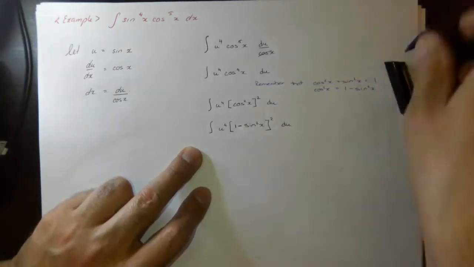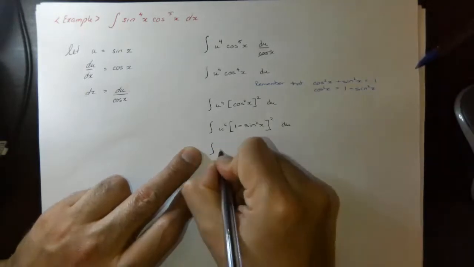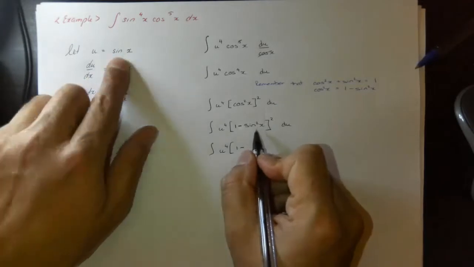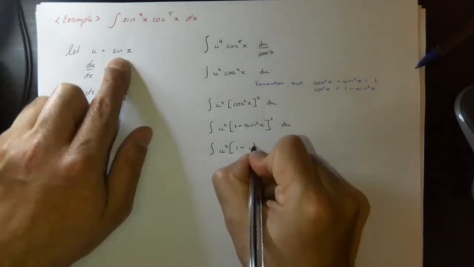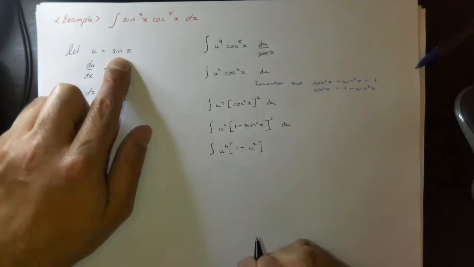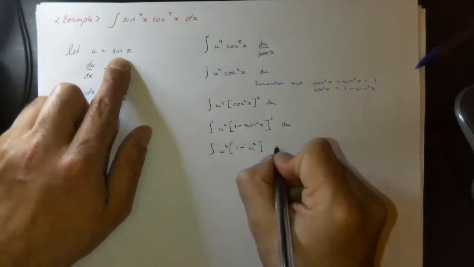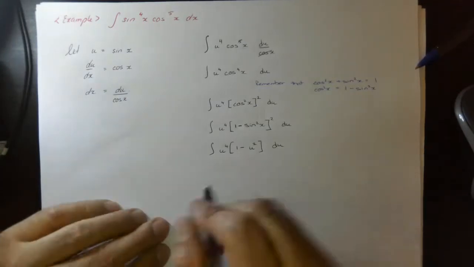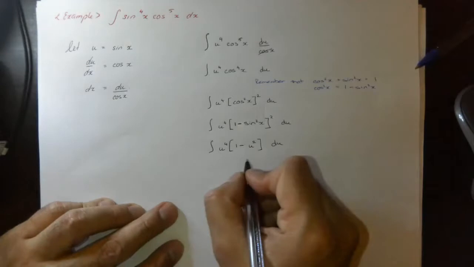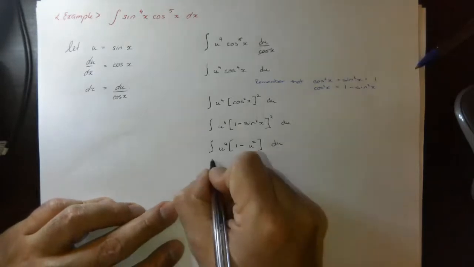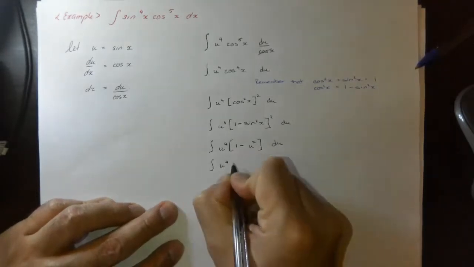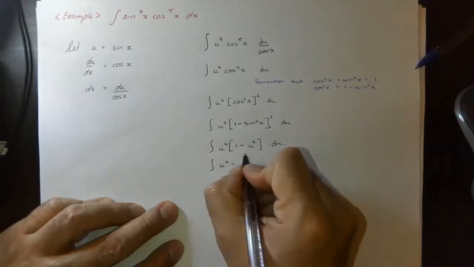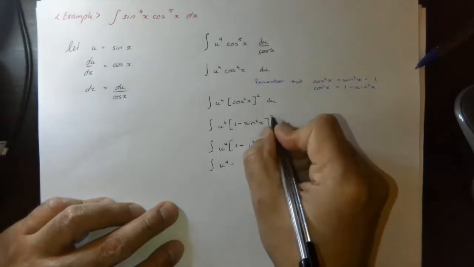Yeah, recall that sine squared x is just u squared, du. From here, what I can do is expand this. So we get u to the power 4 times 1 minus u squared, all squared. Forgot that squared.